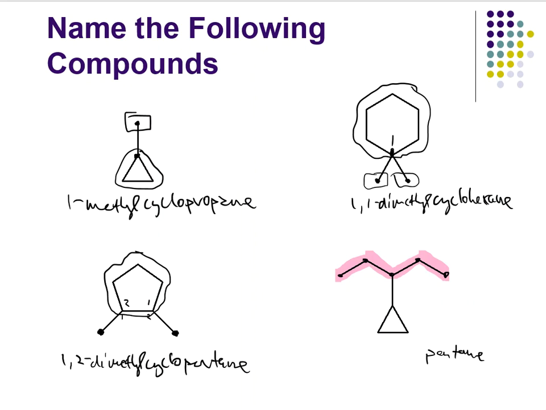Doesn't really matter. 1, 2, 3, 4, 5, or if you go the other way, 1, 2, 3, 4, 5, you'll also get a 3. You'll get a 3 no matter which way you go. So this is going to be a 3, and this is a cyclo. It's still a propyl group because there are 3 carbons present. So this is a 3-cyclopropylpentane. And that's going to be the IUPAC name or systematic name for these compounds.